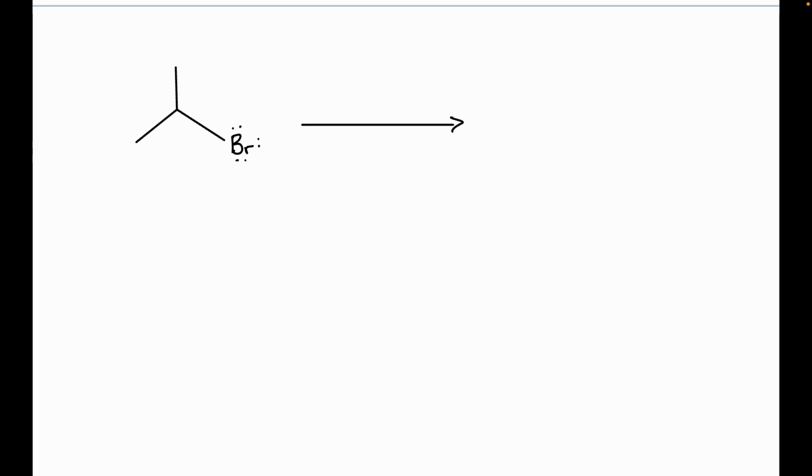Since the Gilman is the reagent, typically that would appear above the arrow if it was written in that format. Okay, so take a minute and give me my product of this reaction.